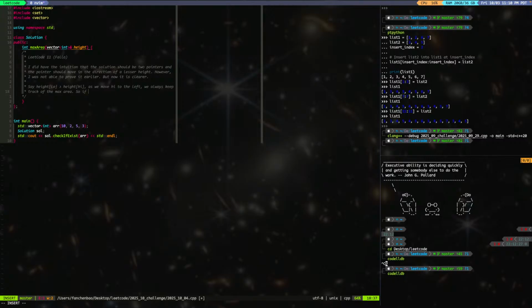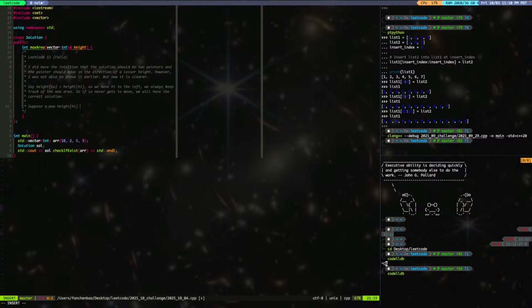So if low never gets to move, we will have the correct solution. Now suppose a new height is bigger than height low.